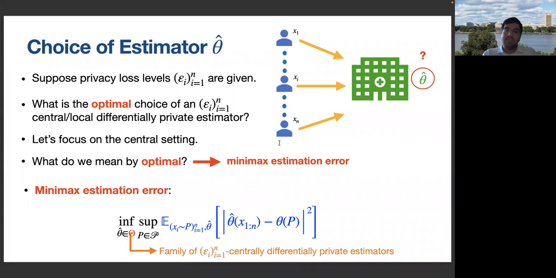In other words, the estimator is the solution to this minimax optimization problem.